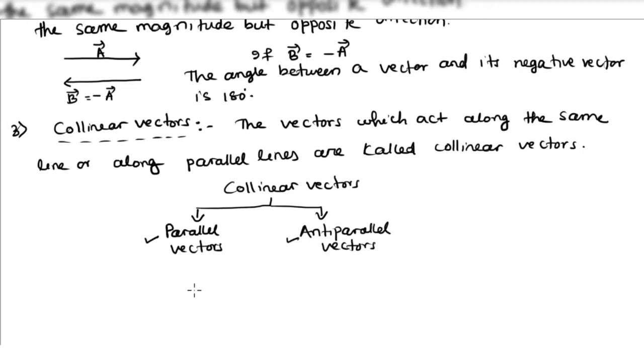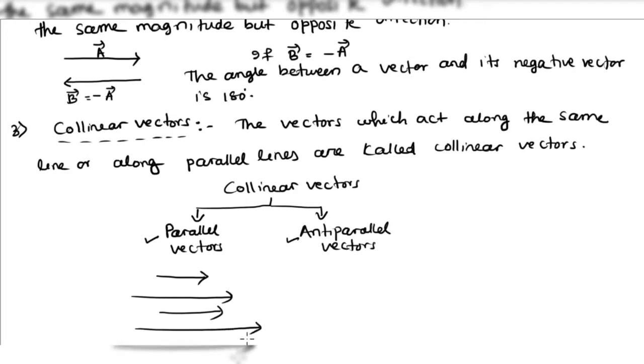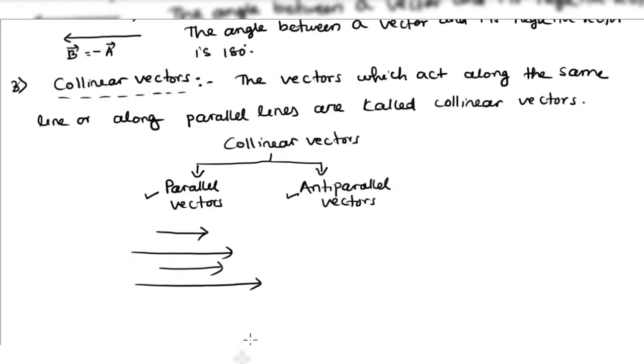So parallel vectors means a number of vectors having the same direction. You can see that I have drawn 4 vectors here, and all these vectors are parallel to each other, meaning the angle between them is 0 degree, or they have the same direction. Suppose this is vector A, this is vector B, this one is vector C, and this one is vector D. All these 4 vectors are parallel to each other.